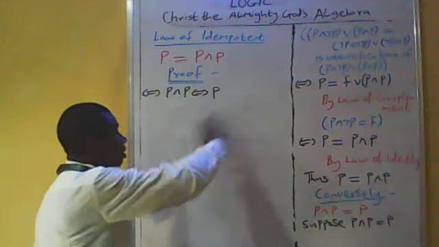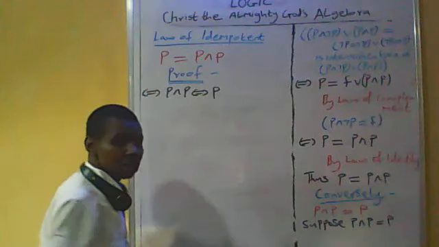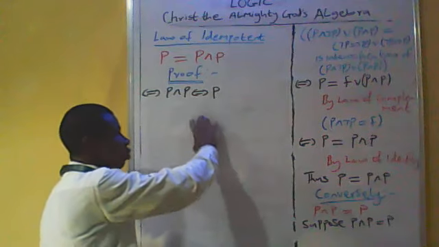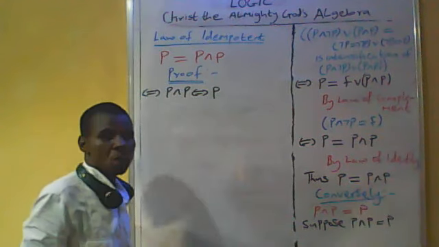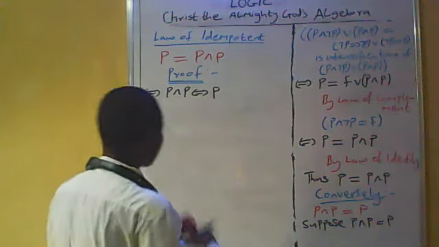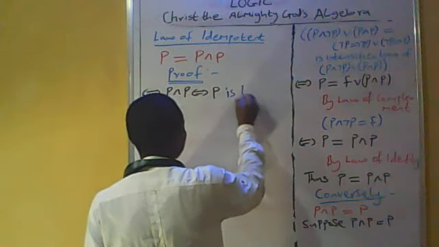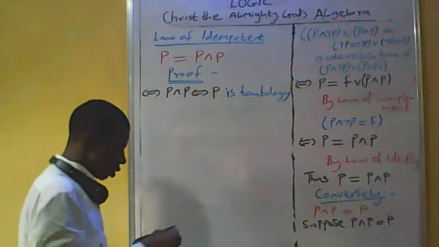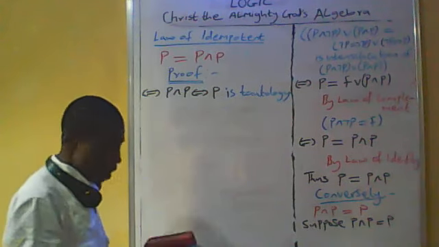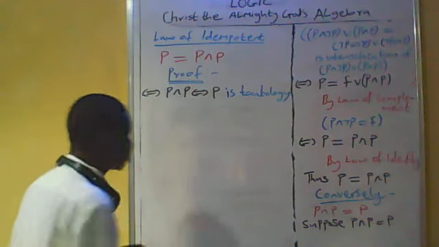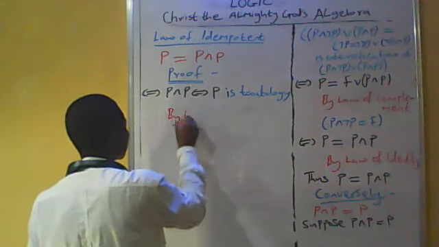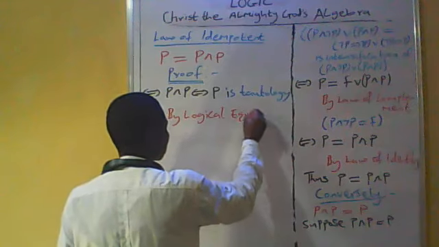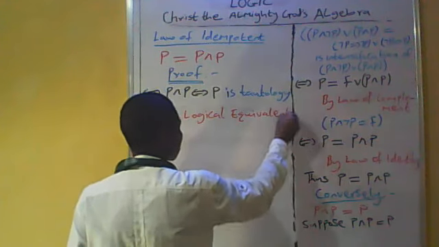So in this statement, we say that the statement is a tautology because there is no case where we obtain falsity when we evaluate this statement. Always true. We say that the statement is a tautology, being justified by logical equivalence.